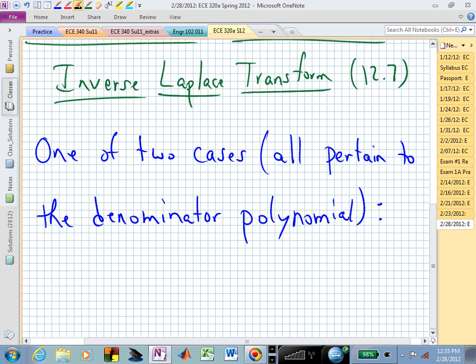In this discussion, I may start talking about roots p sub i, and p sub i is just an indexed variable, index being little i. That's not the complex number square root of -1, that's an index i, and p sub i can be either real or complex.